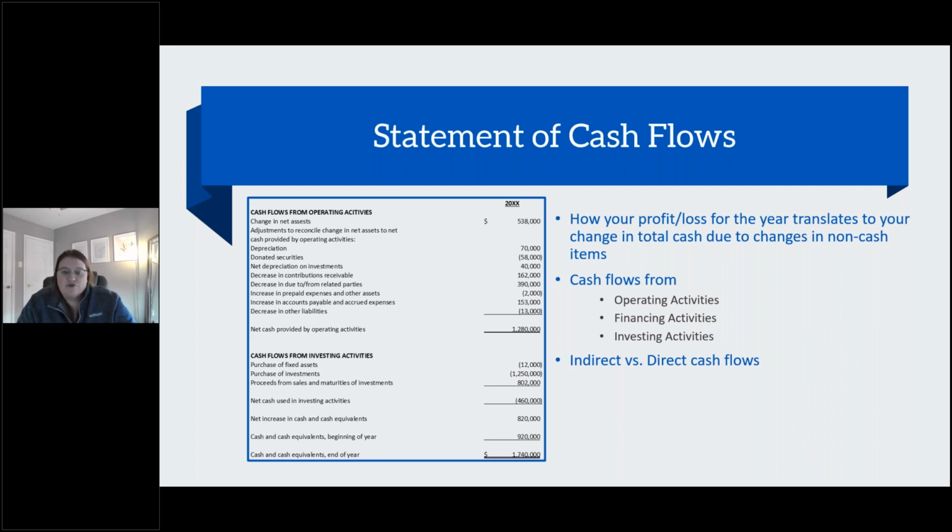There is also a direct cash flow that can be used. So if you're looking back at your organization's financial statements and they look a little different within the cash flow, please just note that that is also an option. Basically what that would do is it would show payments from your various donors, or program related dollars coming in, vendor payments going out, and would reconcile that as well.